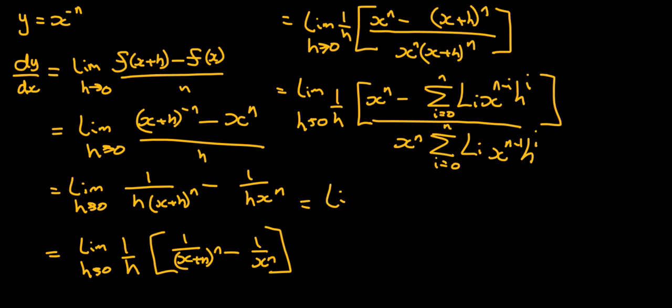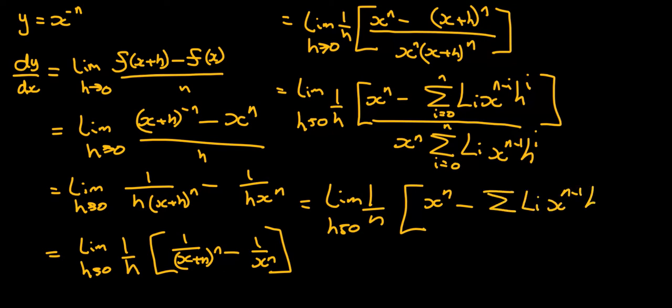Okay, so we could rewrite this as x to the n minus the binomial expansion, and we can distribute this into our summation. We've got i set to 0 there, so let's distribute this in.